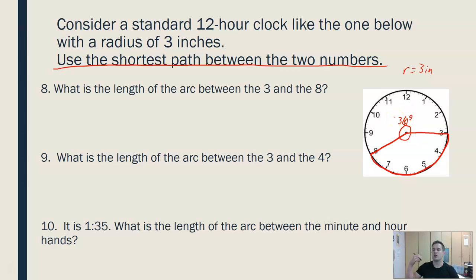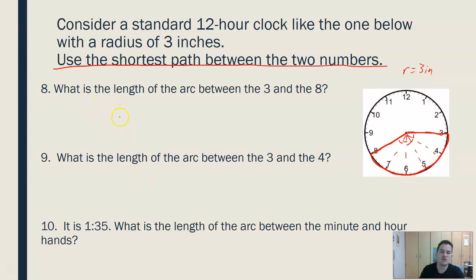And notice that a clock face is split into 12 equal slices. So what fraction of the inside of this circle is being taken up by this arc? I'm taking up 1, 2, 3, 4, 5 slices, 5 out of the 12 slices.